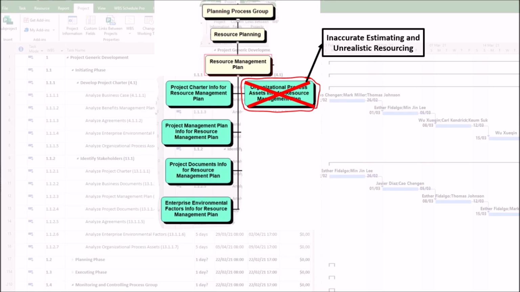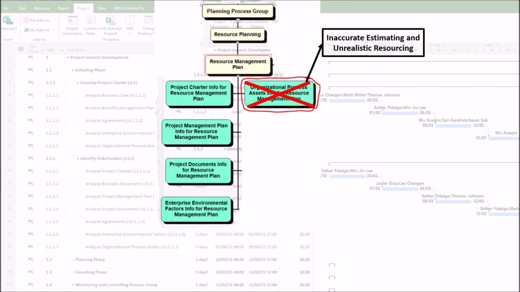1. Inaccurate estimating and unrealistic resourcing. Poor analysis fails to leverage the most reliable data an organization has about its own history. The harm is caused because without historical data on how long similar tasks took, what team size was needed, or what skills were required, estimates become guesswork, which can result in, first, underestimating, leading to an understaffed team, burnout, missed deadlines, and low quality.